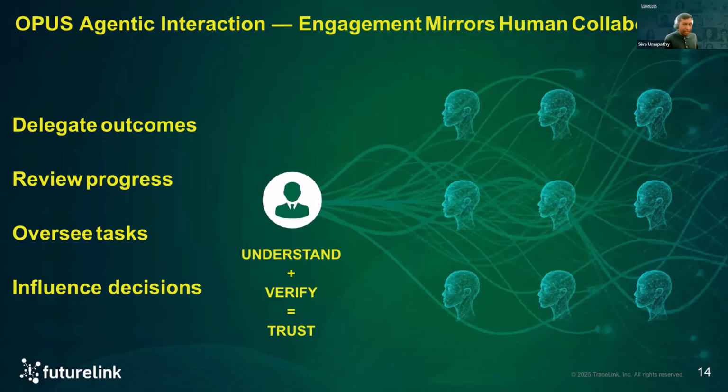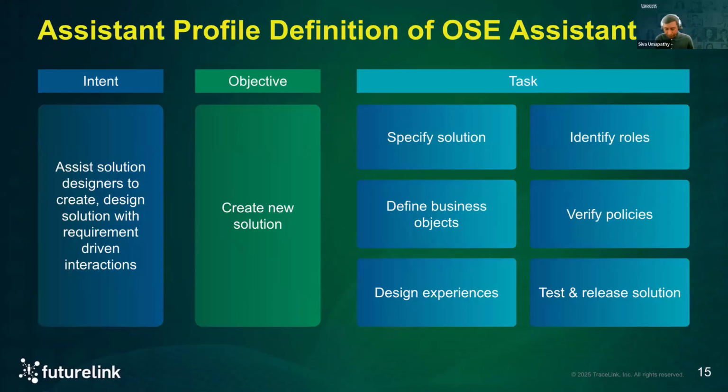On one end of the spectrum, you have chatbots and you have very little visibility, very little control. On the other end, you have a structured, clear way that presents the whole work in a hierarchical manner, showing the decisions and helping you to make the actual final decision. That's how you use AI in OPUS, and that will help you to build trust with OPUS agents.